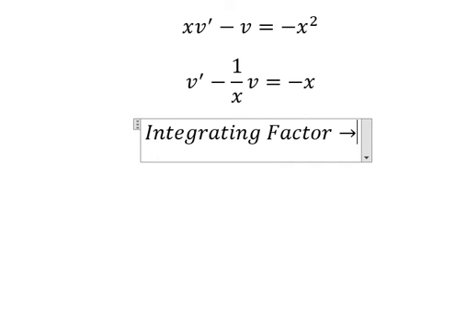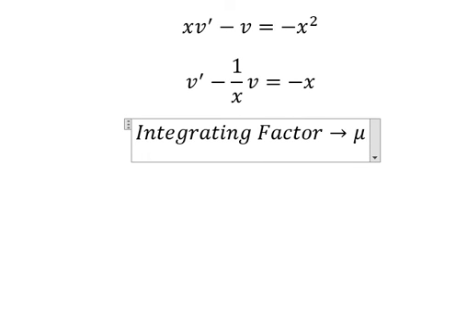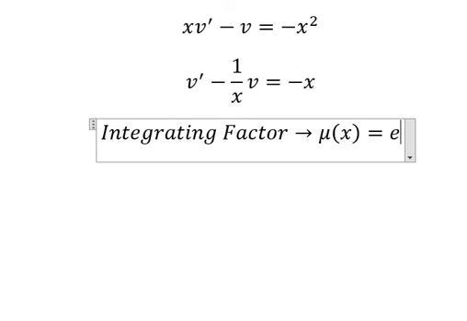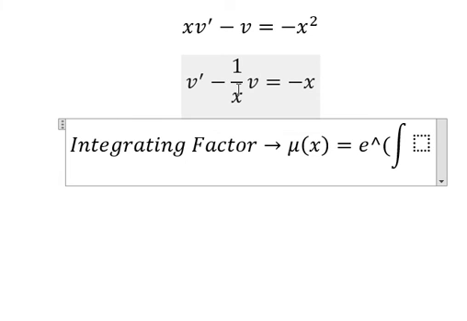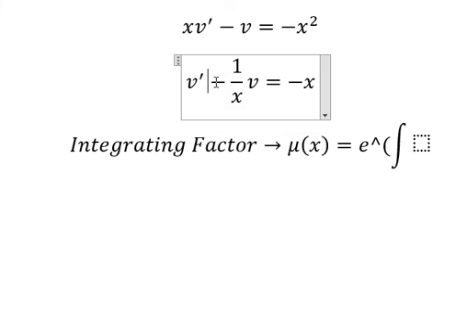So we need to find about mu s equals to e to the power of the integration. We see that negative 1 over s next to v, this is about integrating factor.